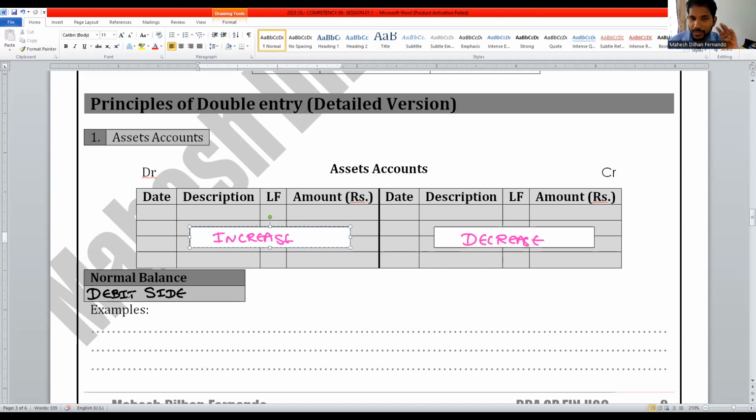What are the examples we have? Write all of these down.